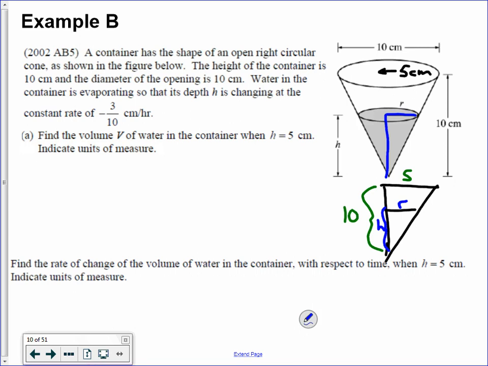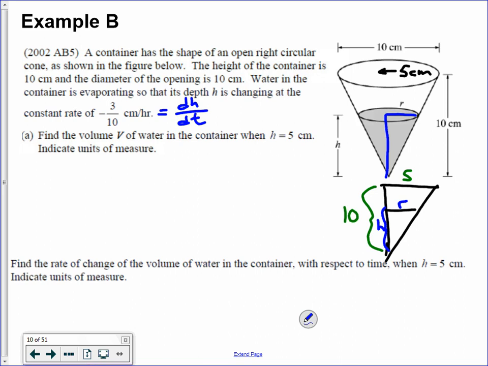It says the water in the container is evaporating so that its depth H is changing at the constant rate of -3/10 centimeters per hour. So using the labeling we have, what is that? That's dH/dt. So that's what they gave us, dH/dt. Okay. I think everything else is fine.